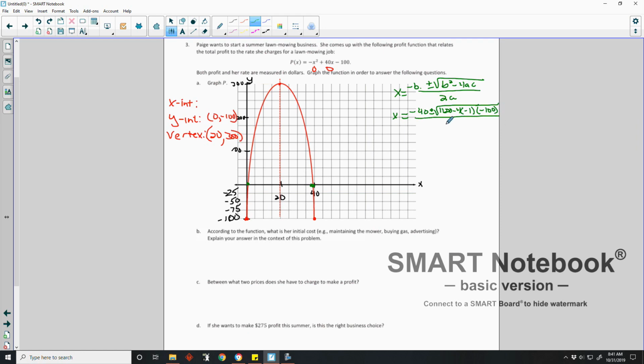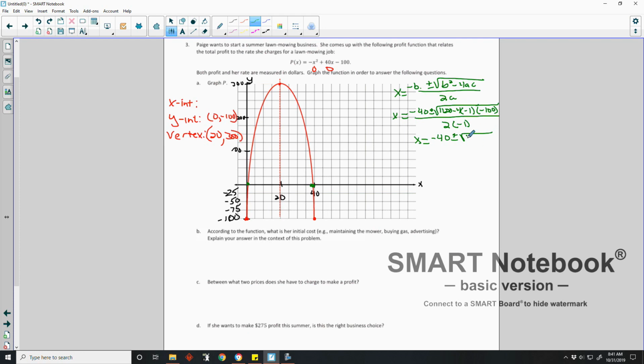All over 2 times a, which is negative 1. So that's going to equal negative 40 plus or minus the square root. Now this is 1,600. Minus times a negative is positive, times a negative is negative.